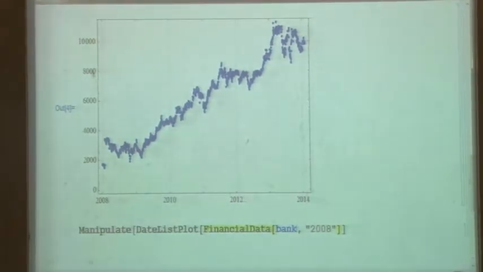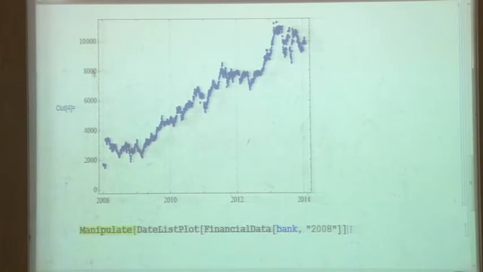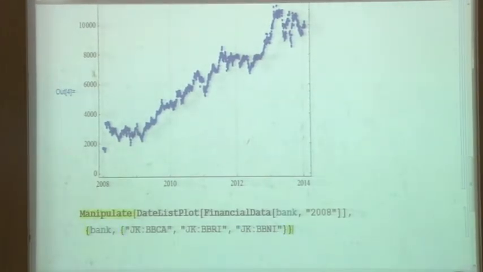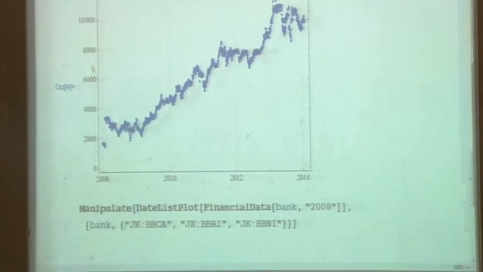So this will be my parameter, bank. And now this bank will take the following 3 values: JK:BBCA, JK:BBRI, and then JK:BNI. And I close the list twice, and I close Manipulate.